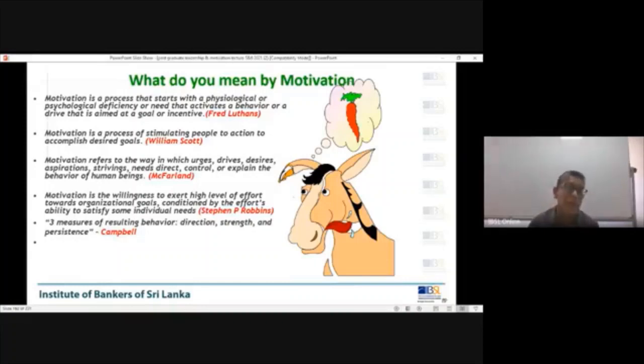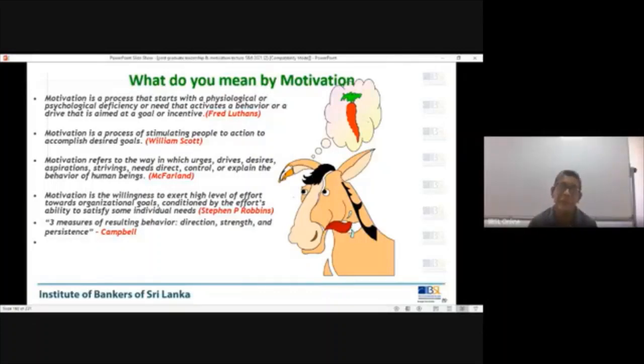So motivation is a process that starts with a physiological or psychological deficiency or need that activates a behavior or a drive that aims at a goal or incentive.